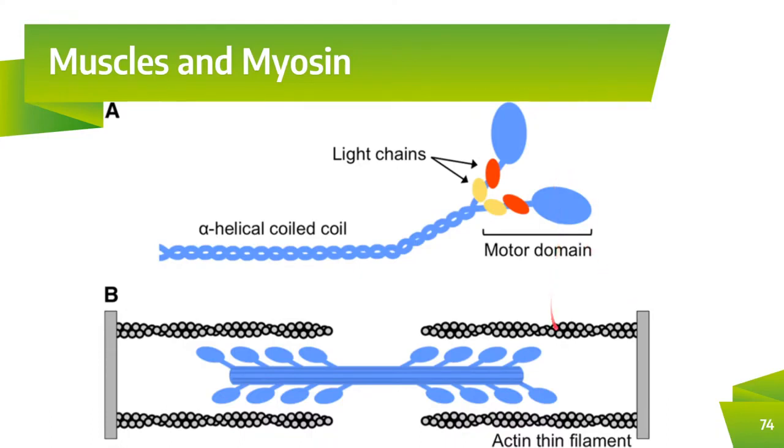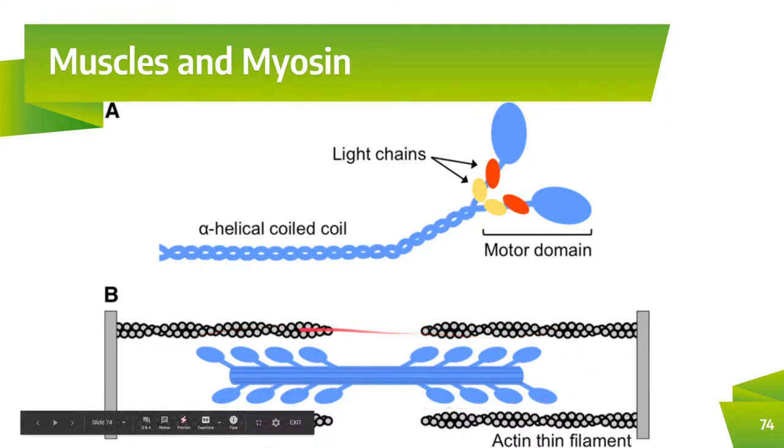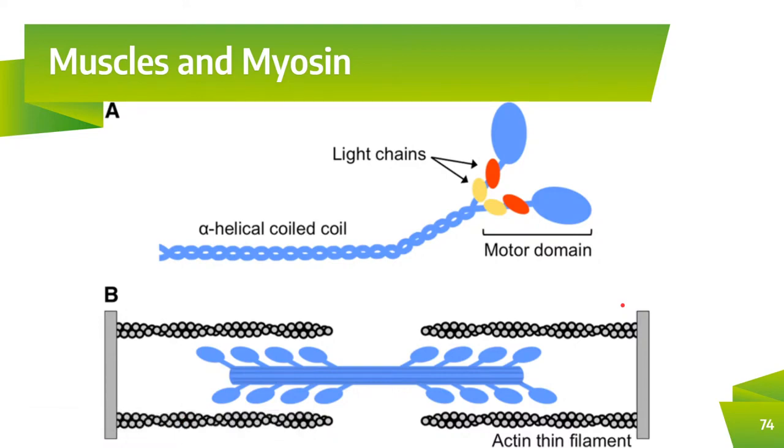Just so you remember, you had the myosin on a bundle-like structure in between actin filaments, and upon doing this power stroke, these actin filaments moved closer together, thereby facilitating the muscle cell to become shorter and contract and therefore move.